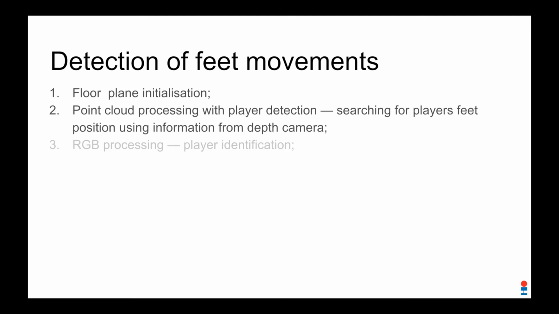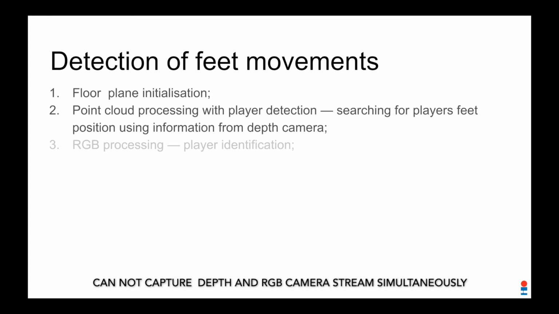We also need to perform player identification, which we could do using RGB processing. However, in this prototype, we haven't managed to do that because it was not possible to capture information from the depth camera as well as RGB stream simultaneously.